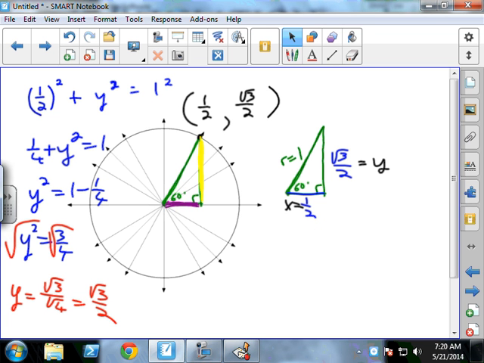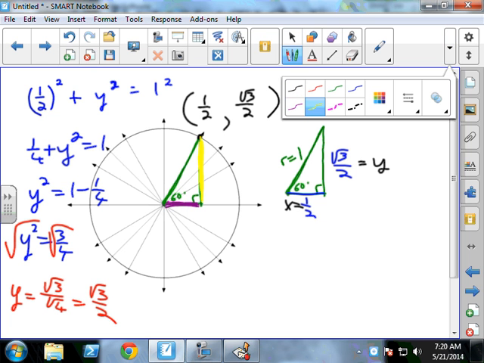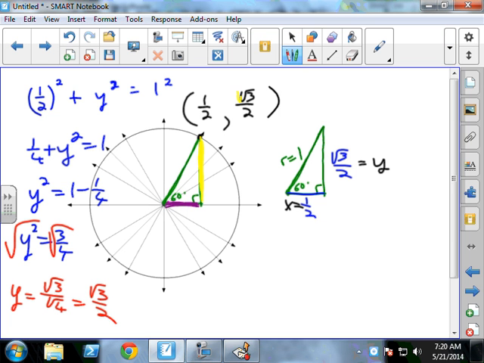If you just look at the fractions, you might not know how big rad 3 is, but you know that the square root of 1 is 1, and the square root of 3 is bigger than that. Okay? The square root of 3 is bigger than the square root of 1. So what we're saying is the square root of 3/2 is longer than this 1/2.